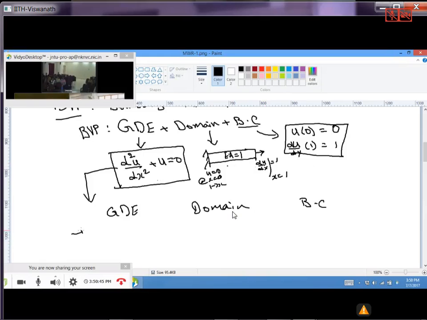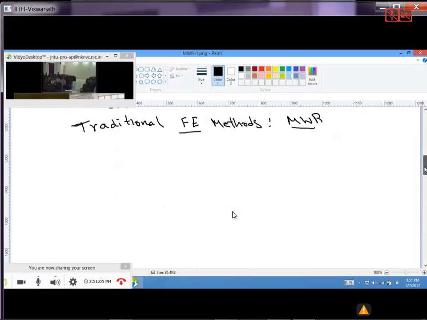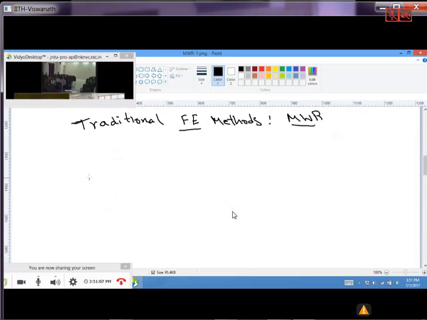So the traditional finite element methods, also known as the method of weighted residuals, is what we learn. In this, let's assume our u, the exact solution, is nothing but our approximation plus some error.